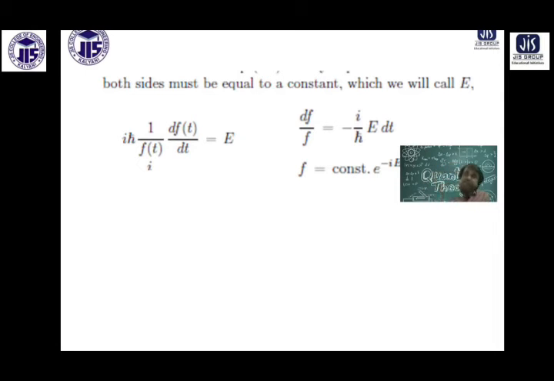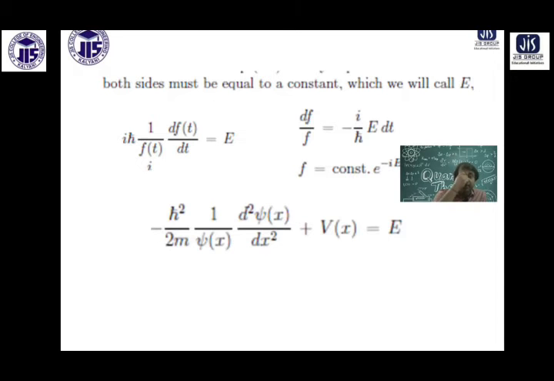Now for the time part the solution is there, and for the space dependent part, you will end up with this equation. Now this equation is a very important equation. Here it is all in terms of x.